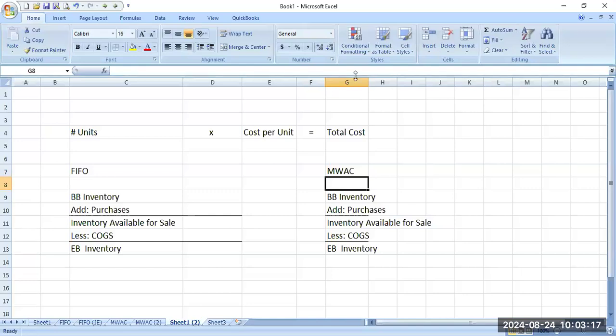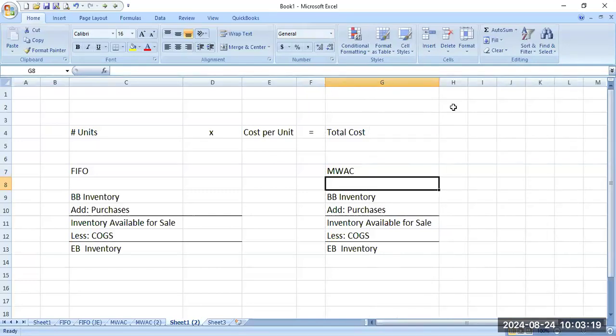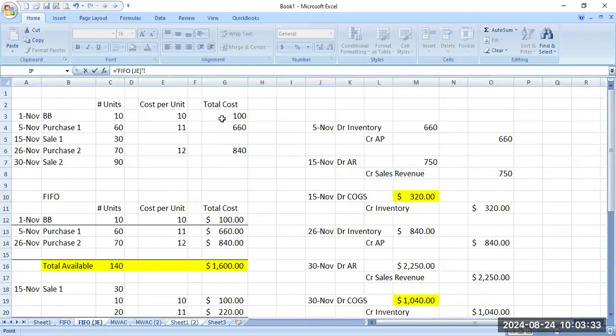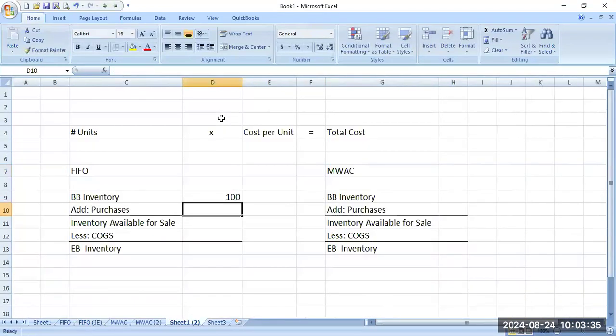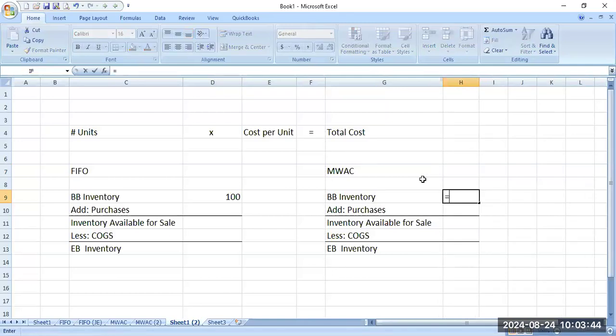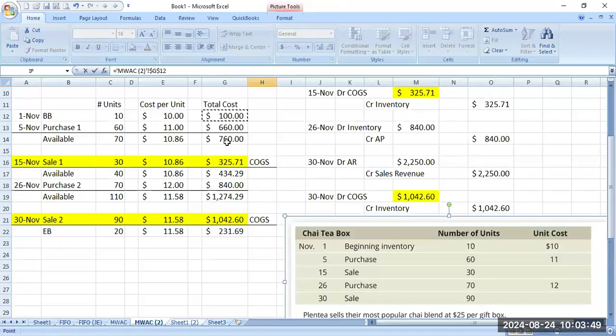And let's see what's going to happen in our calculation. So our beginning inventory will be exactly the same under both methods. $100 is our beginning inventory under the first in, first out, and $100 is our beginning inventory under the moving weighted average method.